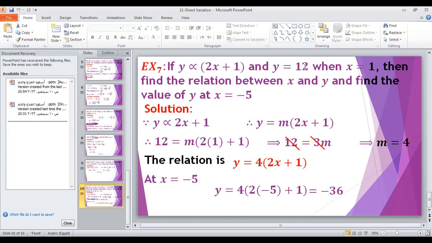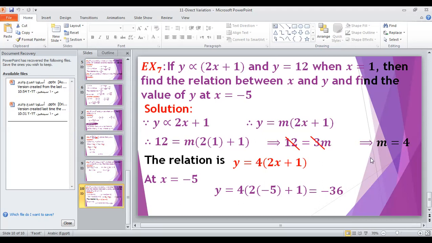We have y equals 12 when x equals 1. Put y equals 12 when x equals 1. Substitution. Then 12 equals m times 2 times 1 plus 1. 2 times 1, 2 plus 1 equals 3. Then 3m equals 12, divided by 3, then m equals 4.